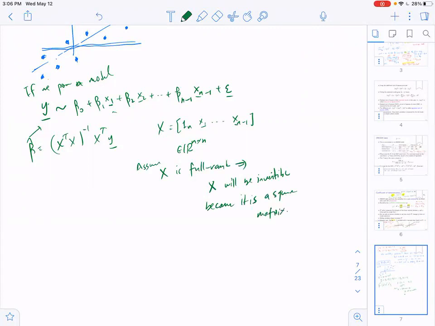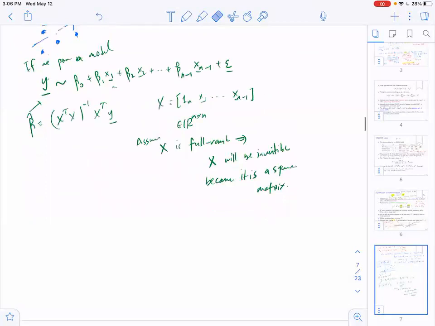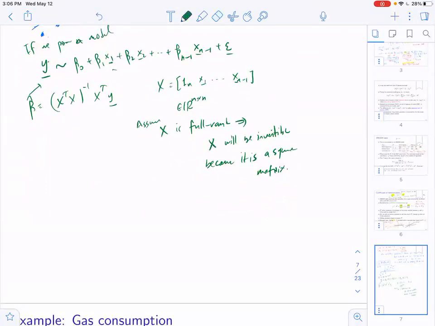We couldn't do this before because this would be n by d, and d is much smaller than n. Rectangular matrices cannot be inverted, but in this case it's invertible. I also have X transpose inverse, which in general is equal to X inverse transpose, and like (AB) inverse would be B inverse, A inverse.